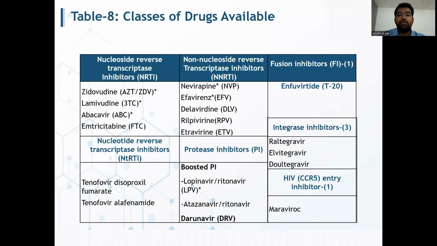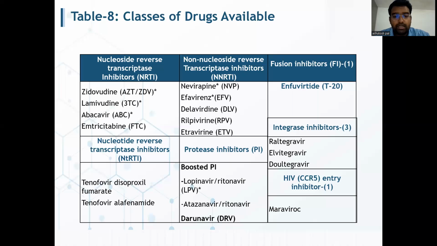Non-nucleoside reverse transcriptase inhibitors are nevirapine, efavirenz, delavirdine, rilpivirine, and etravirine. Fusion inhibitors are enfuvirtide. Nucleotide reverse transcriptase inhibitors are tenofovir. There is nucleotide and there is tenofovir, so there is T and T in the drug as well.